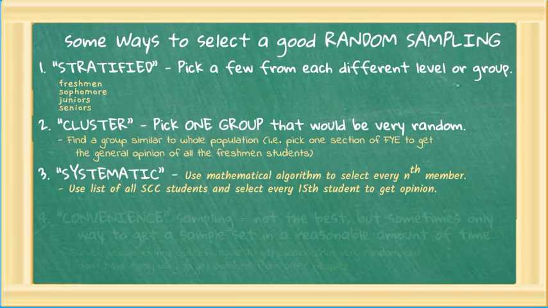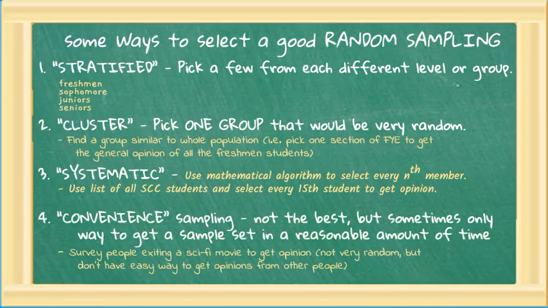Finally, we have a convenience sample. Not always the best, but if we don't have time to do all this other stuff, we need to get some information. We could do something like this. We're curious about a new sci-fi movie that came out, and we want to get opinions. Is it good? Is it not? Is it one of the better ones? So we could wait till the movie's done, and as people are coming out, we could survey each of them and ask them to rank it or what they liked or didn't, have them fill out a survey, and we'd get some varying opinions.